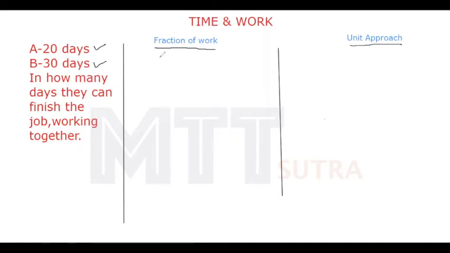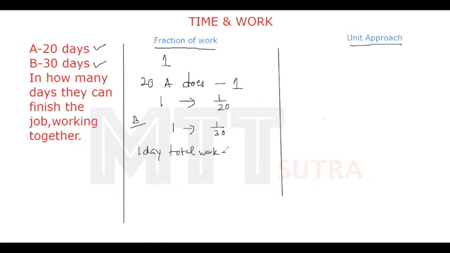As we have discussed, the total amount of work is 1. So in 20 days, A does one part of the work. So in one day, how much work will be done by A? That is 1/20. Similarly for B, in one day, how much work will be done by B? That is 1/30. Now since both are working together, in one day, total work is how much?